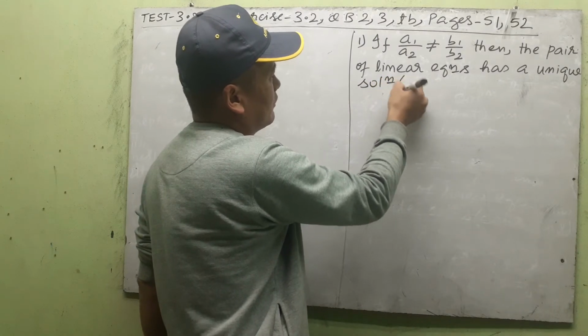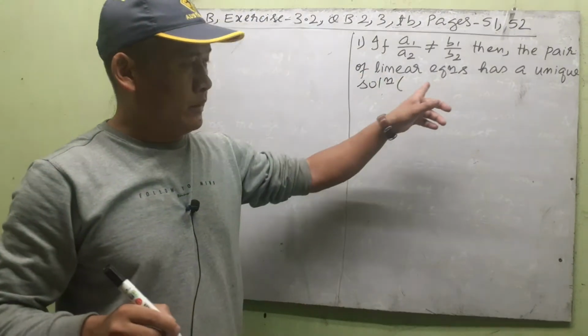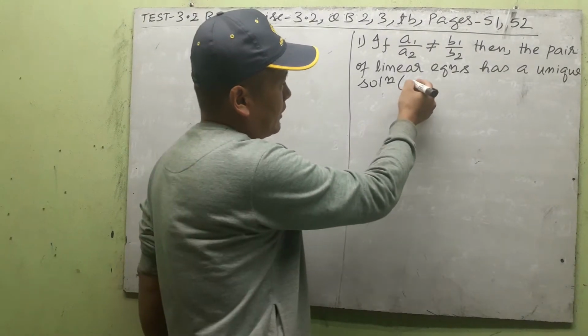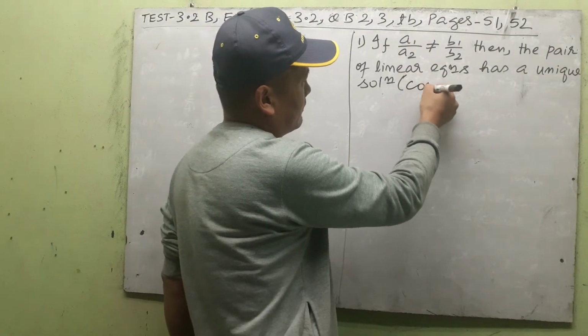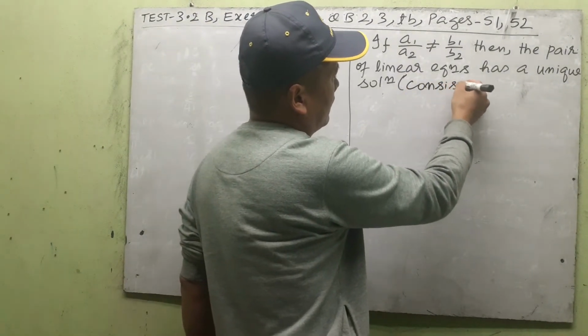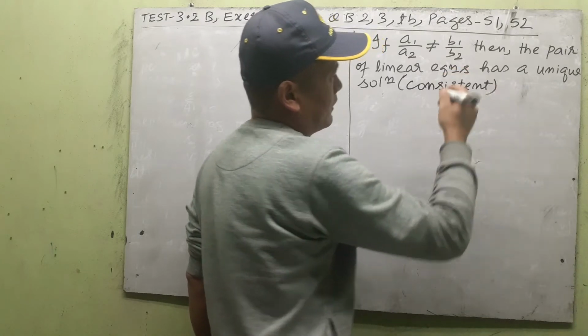Unique solution means only one value for x, one value for y. And so since they have a solution, we will call the system, the pair of linear equations, as consistent because they have a solution.